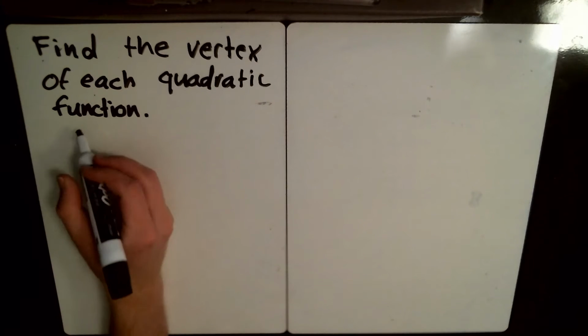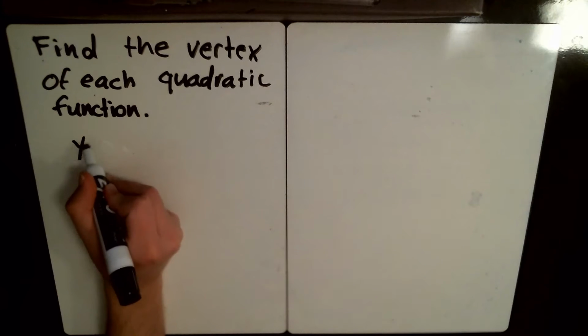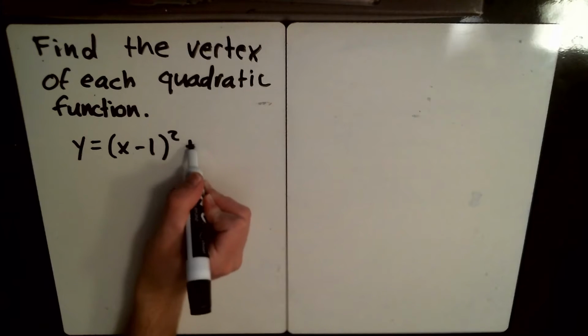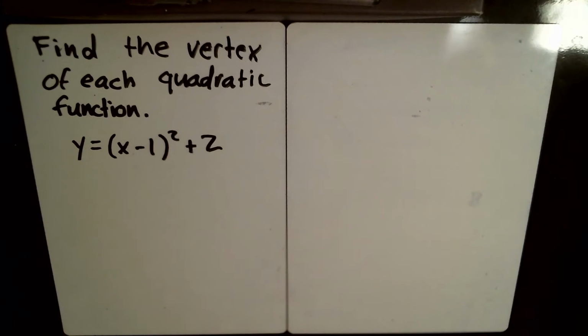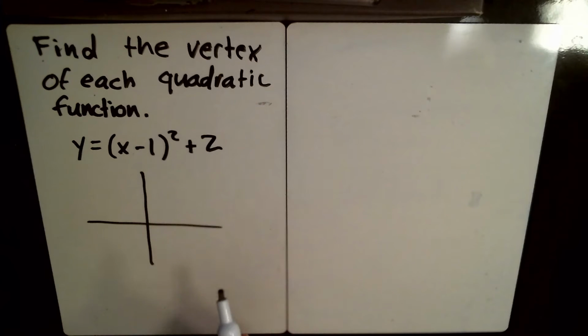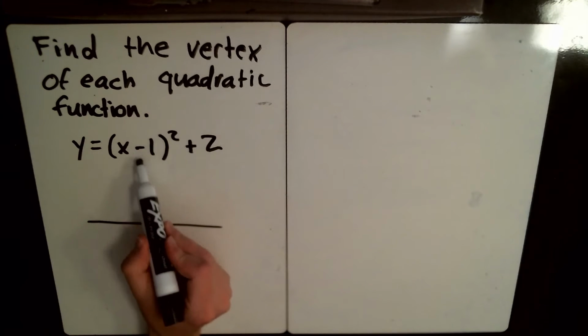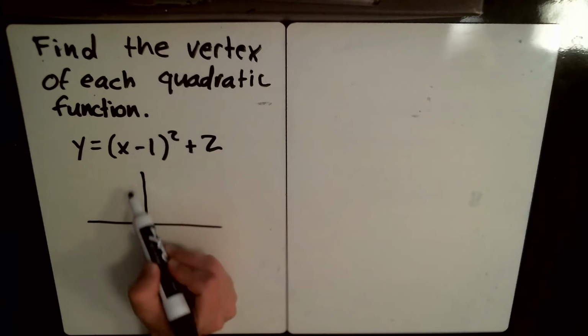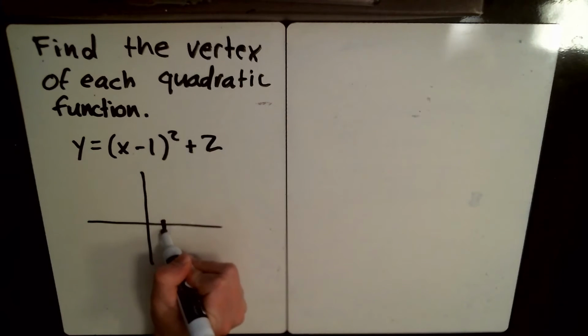Remember, if we had a quadratic function like y equals x minus 1 squared plus 2, this was from 8.5. We remembered how we found the vertex. This 1 in here shifted it the opposite of what we would think. Instead of left 1, it shifted it right 1.